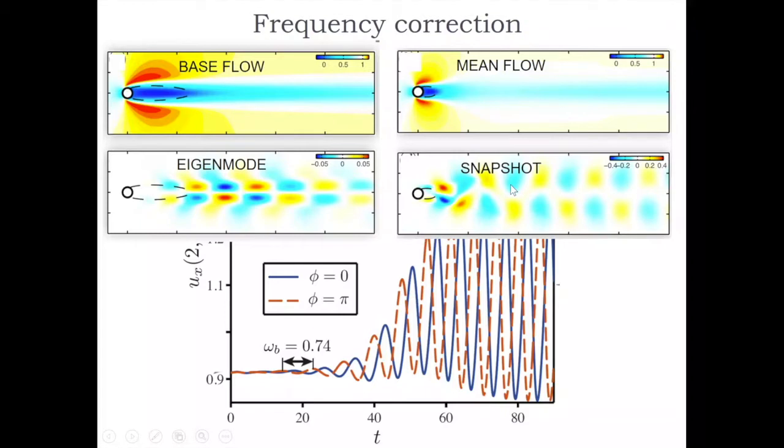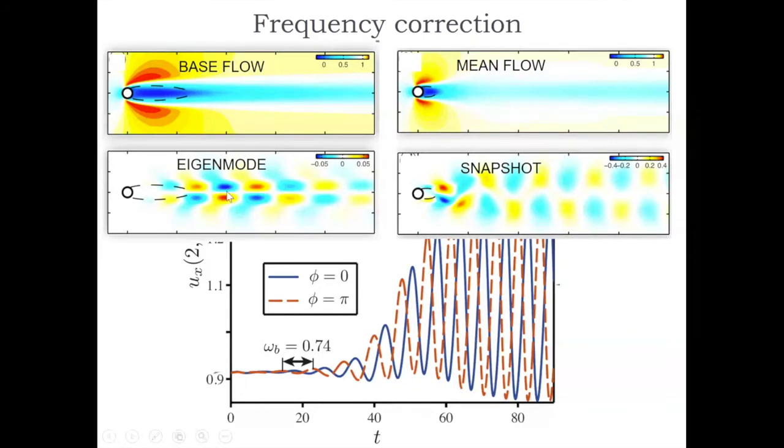And you see that they don't look the same. In particular, the recirculation region, which is a very important quantity, is very different in the base and in the mean flow. Also in the snapshot, the vortices are not located at the same position at all. They are much closer along the limit cycle to the cylinder than they are in the eigenmode based on the base flow.